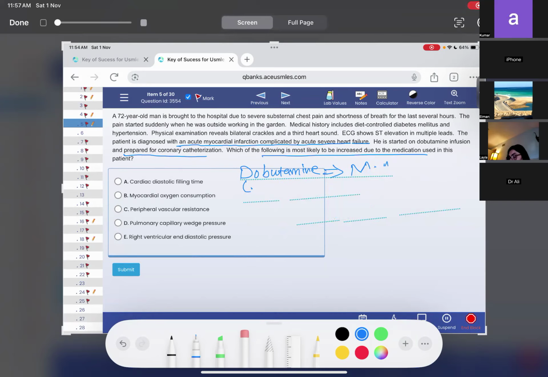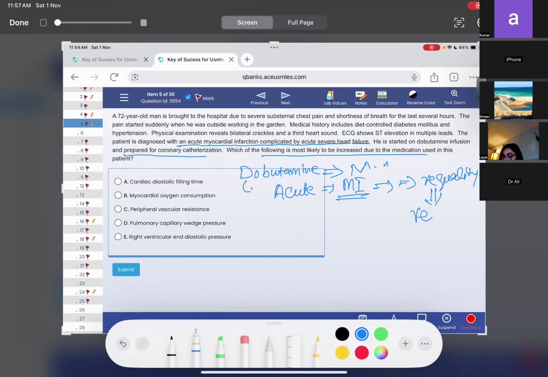So why are we going to use dobutamine in this patient with heart failure? Because the patient has an acute MI, and when a patient has an MI, we have to revascularize as soon as possible, by PCI, percutaneous coronary intervention.